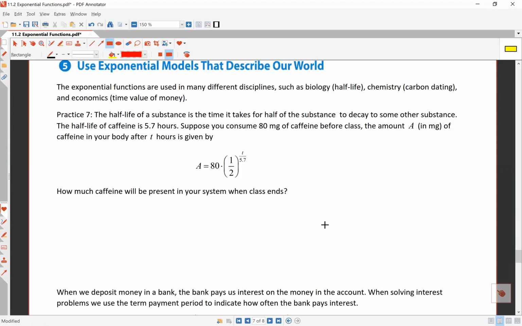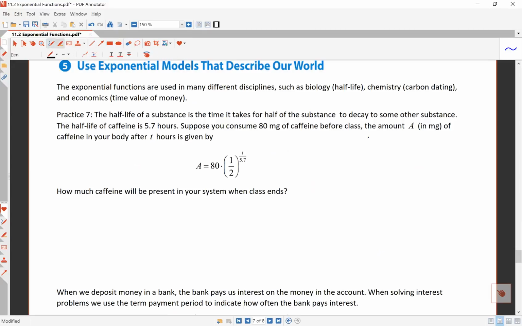The practice problem that I want to work with is the half-life problem. The half-life of a substance is the time it takes for half of the substance to decay to some other substance.